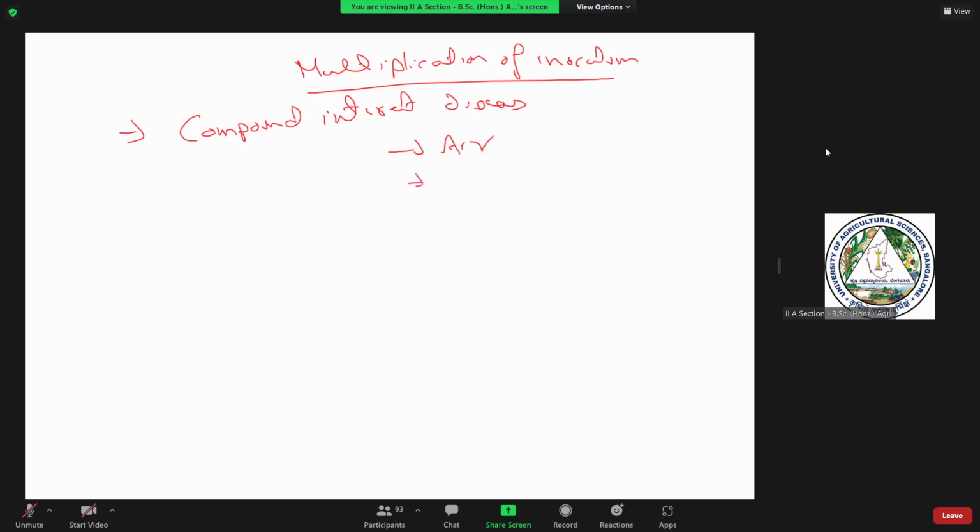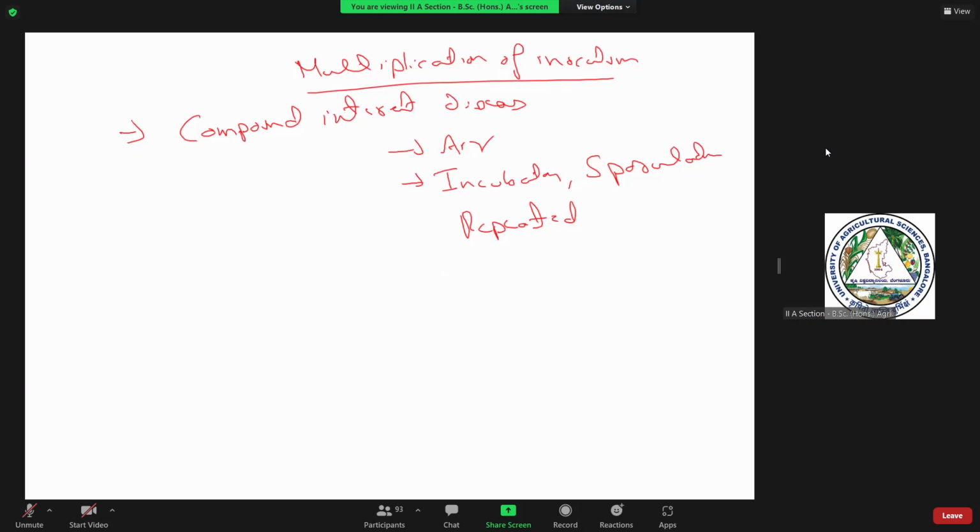Basically, this type has a very, very short incubation and sporulation period, which means in a short period itself they are able to produce a lot of spores. And the cycle of spore production is repeated, that is, the spores are produced in a repeated manner.